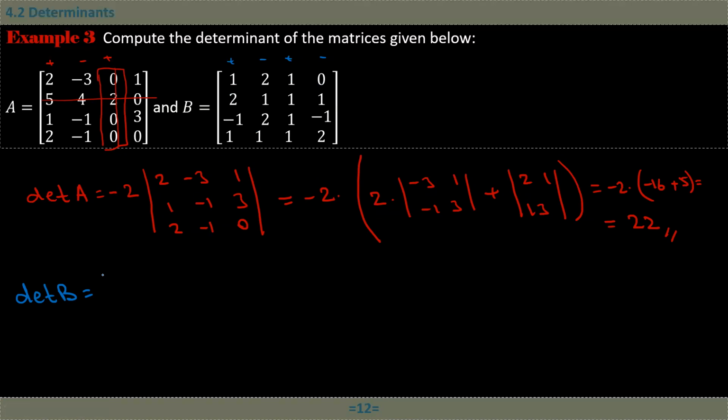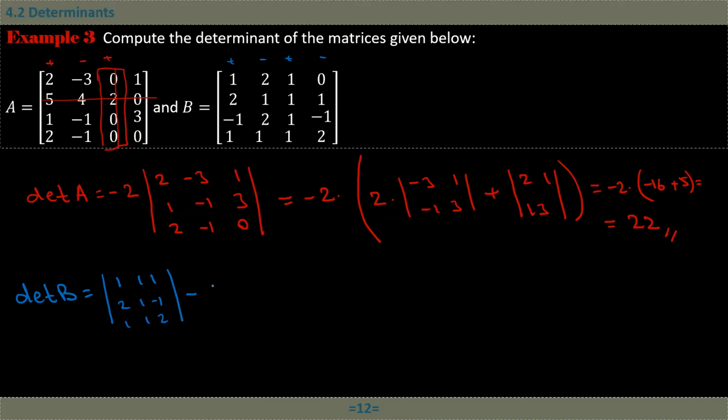We don't have to write this. Delete this row and this column, and we have the 3 by 3 determinant.